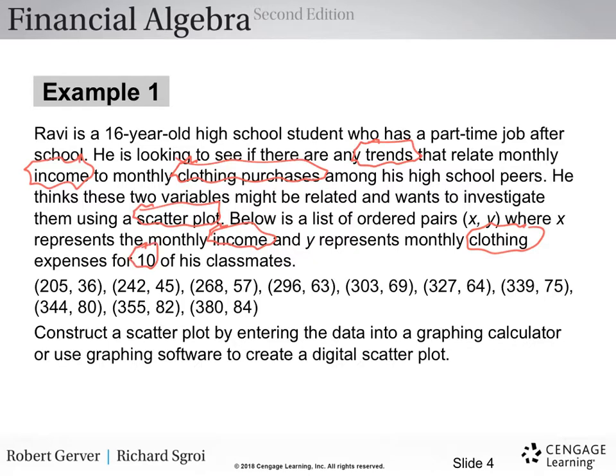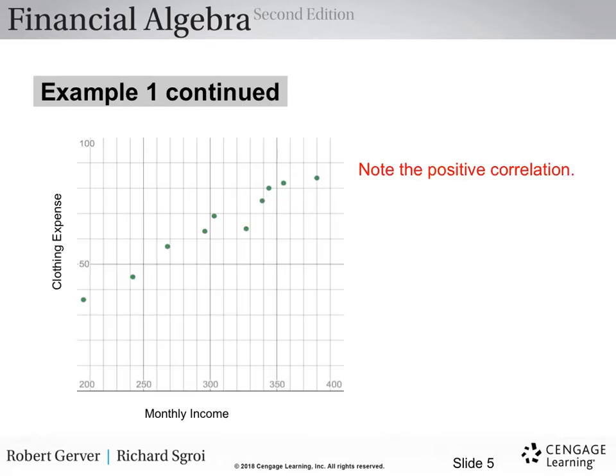Construct the scatter plot by entering the data into a graphing calculator or using a graphing software to create a digital scatter plot. So I used a graphing utility called Desmos, and I plotted the points, and this is what we get. Notice the vertical axis is clothing expense, and the horizontal axis is monthly income.